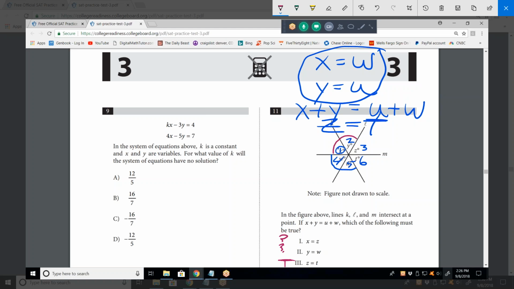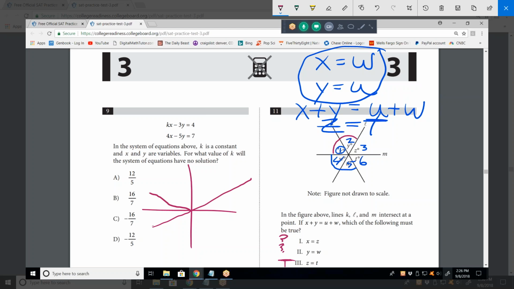Now, could I draw this picture in a way that these were not all 60-degree angles? Let me try. I know how to draw it using all 60-degree angles. Can I ask you something real quick too?